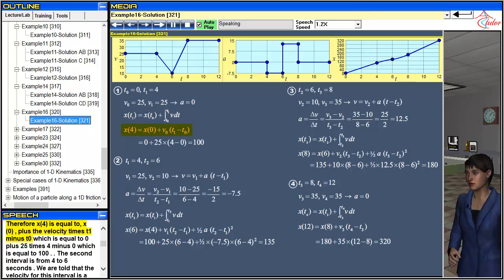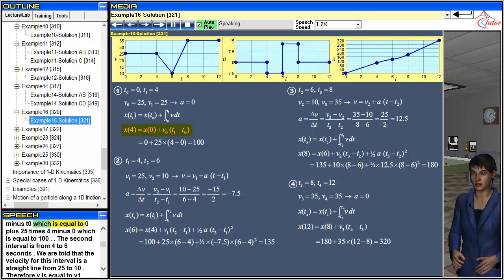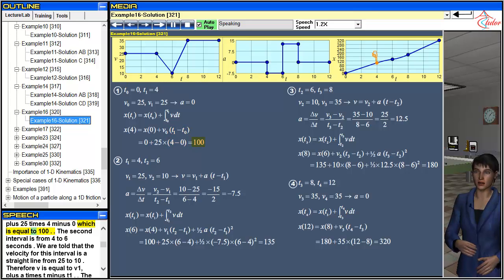Therefore x at time 4 is equal to x at time 0, plus the velocity times t1 minus t0, which is equal to 0 plus 25 times 4 minus 0, which is equal to 100.